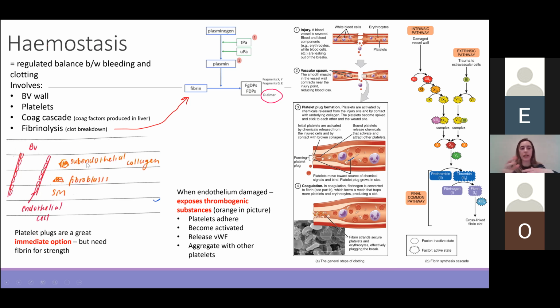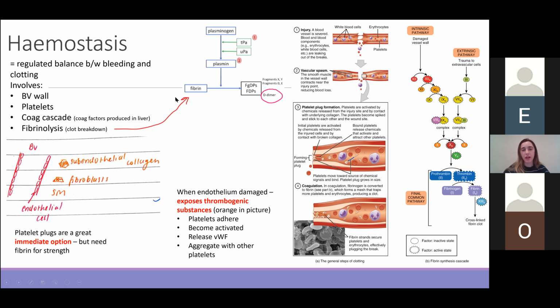Then your whole platelet plug process begins, which then activates your coagulation cascade, which you would know about with your coagulation factors. And to end that is your fibrinolysis, so your clot breakdown.